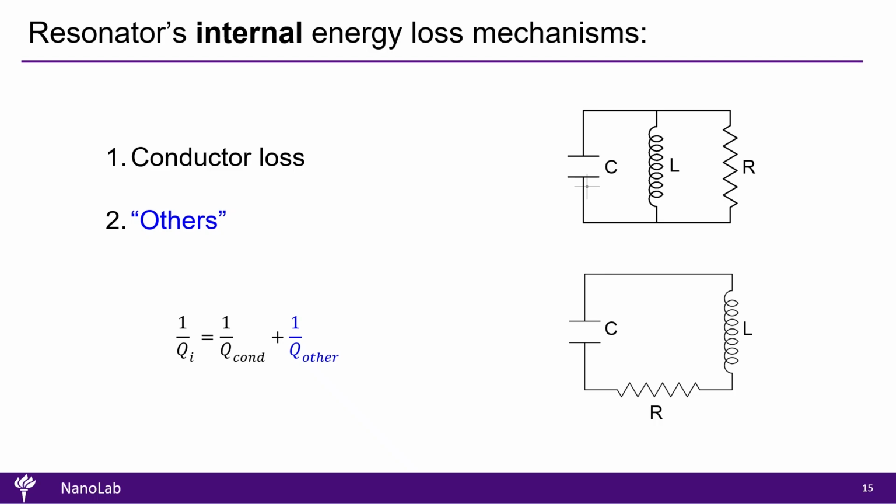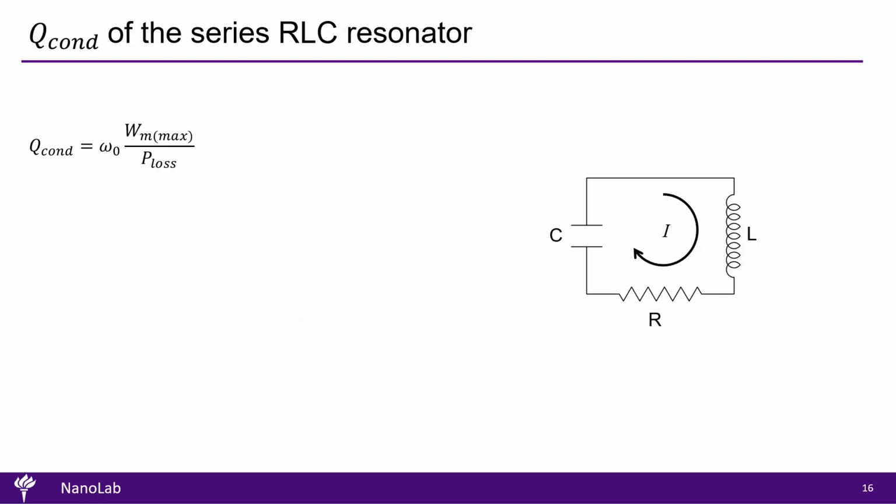Let us now briefly derive the expression for Qcond, using the series RLC resonator for simplicity, though it can also be obtained for the parallel model. Qcond is defined as the total energy stored in the resonator divided by the power dissipated in the conductor. The stored energy is given by Wm max, the maximum energy in the inductor, which corresponds to the current at its peak. The power dissipated in the resistor is the square of the RMS current times the conductor resistance.